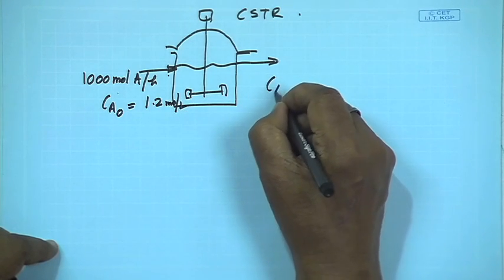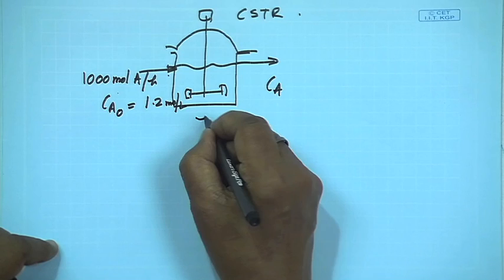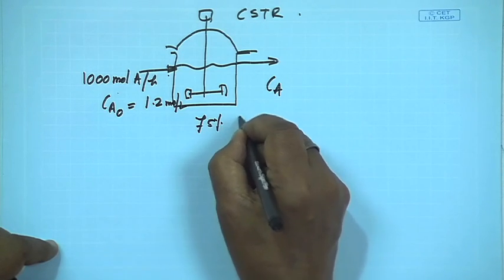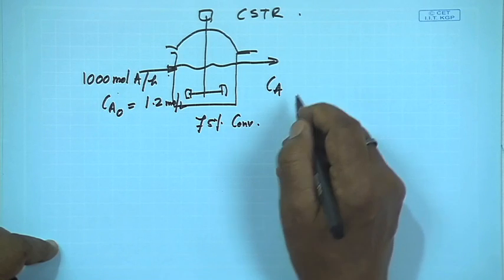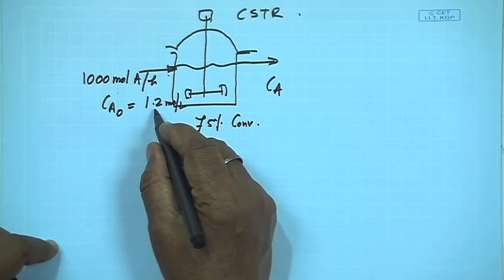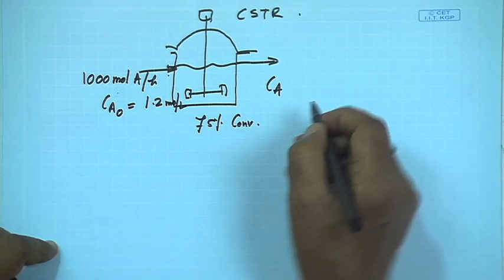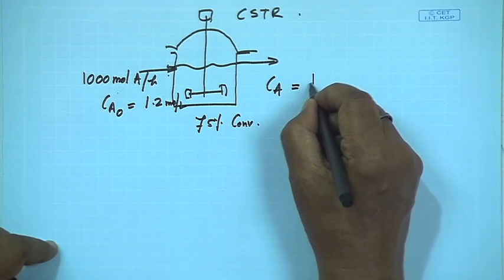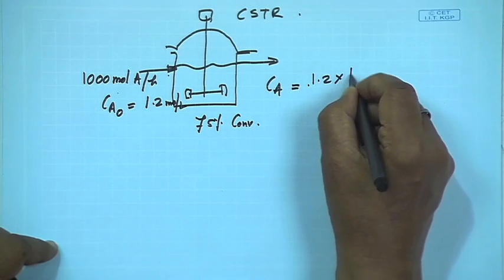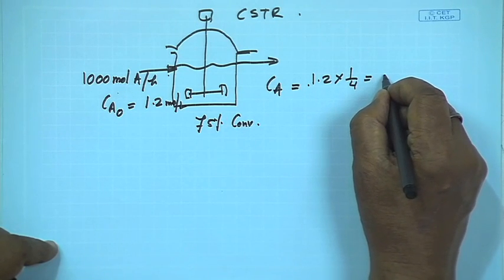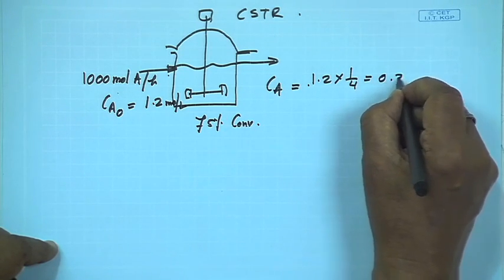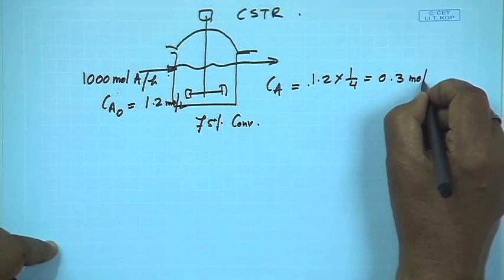Now, this is 75% conversion. So 75% conversion means this will be multiplied by 1 by 4, that is 1.2 into 1 by 4, as 25% will remain. That means it is coming about 0.3 mole per liter.